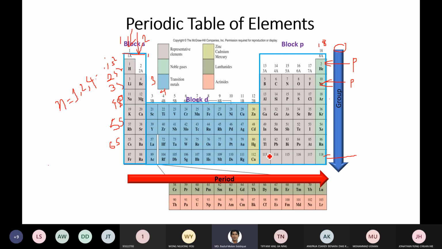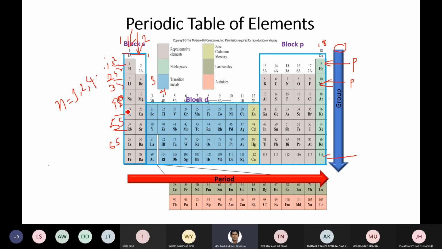So if somebody says one element is in group 5 and period 3, we cannot miss it, but to find the exact element, if it says group 5 and period, let's say, 5: 1, 2, 3, 4, 5.